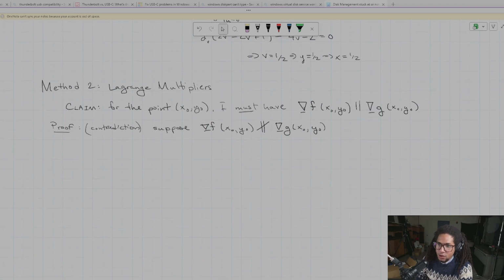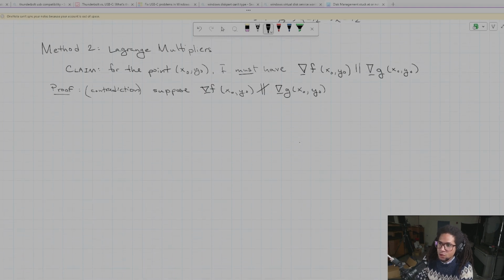All I need to do is put slightly more formal language to that, but that's really the intuition here. Okay. So what I'm going to say is there exists a vector w such that the directional derivative in the direction of w of g at x naught, y naught is equal to 0.